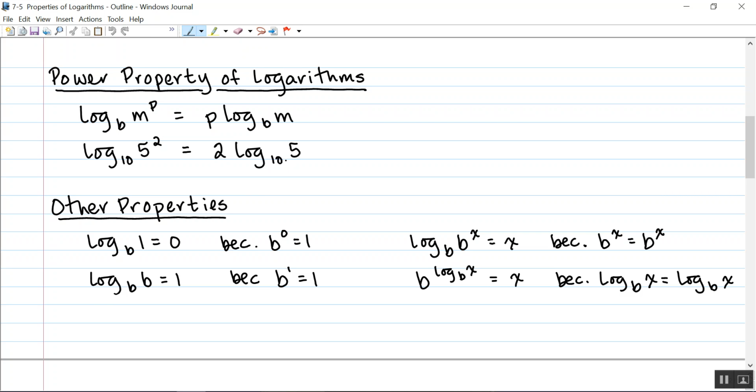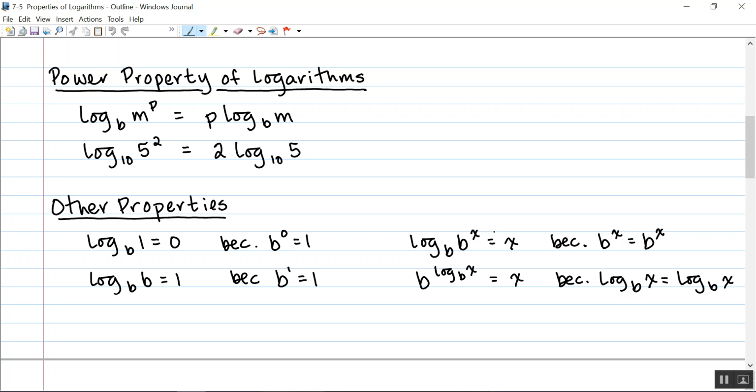Here's a few other miscellaneous properties of logs. Log base b of 1 is equal to 0, because if you were to take that and write it in exponential form, b to the 0 equals 1. Anything to the 0 equals 1. Log base b of b is equal to 1, because, again, writing it in exponential form, b to the first power equals b.